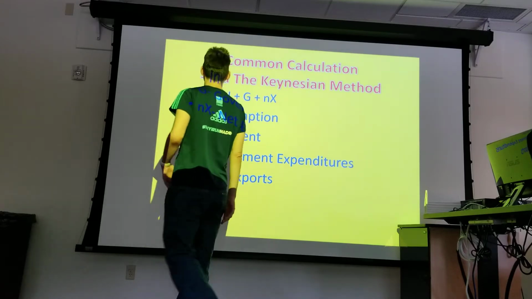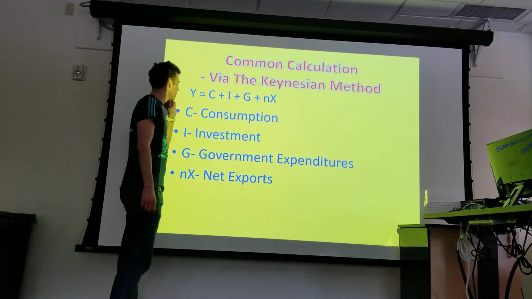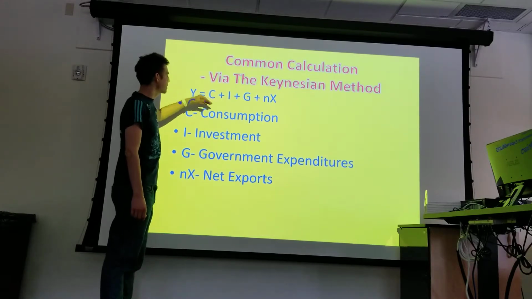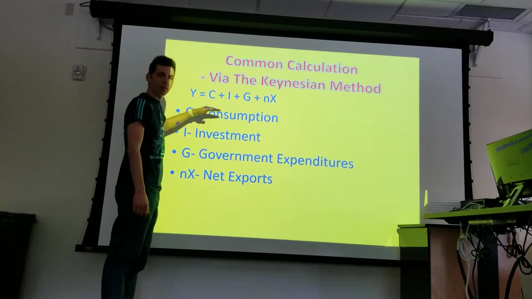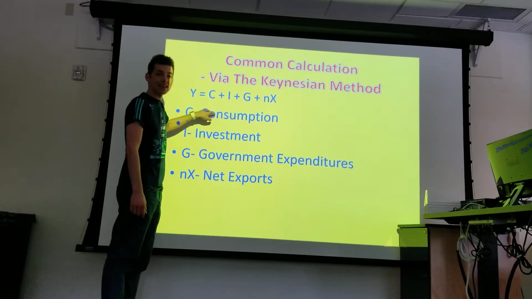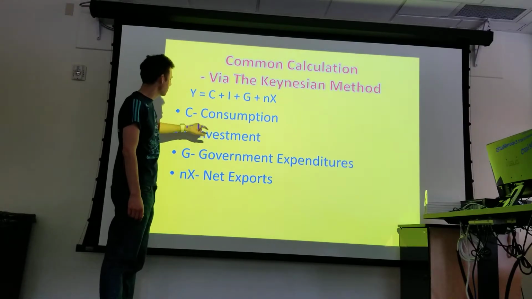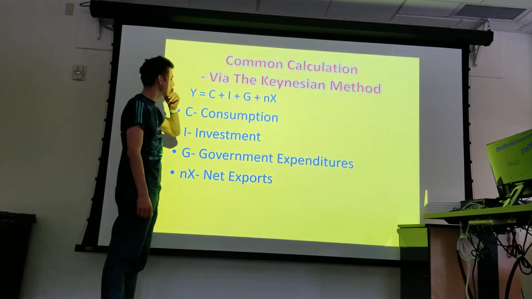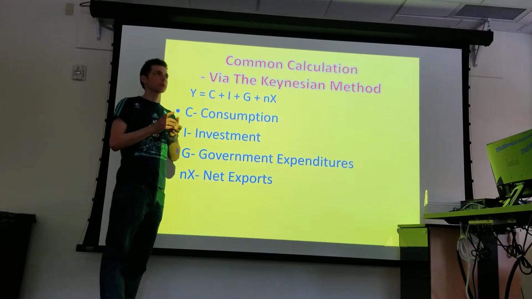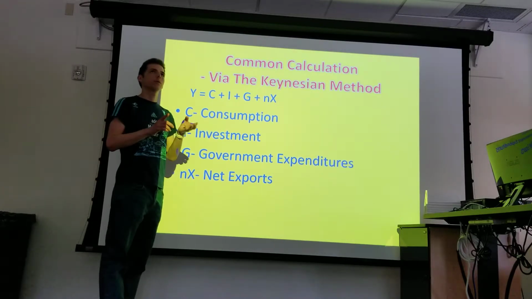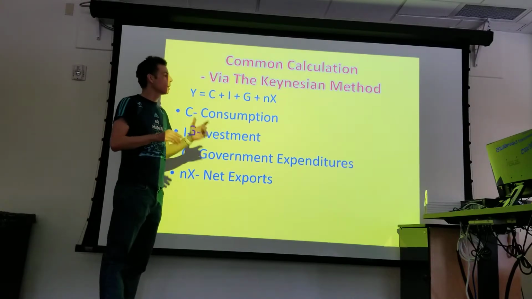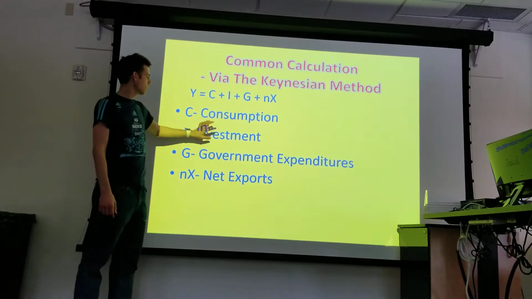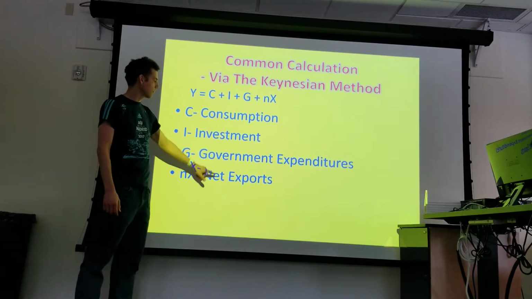So in general, in our Keynesian economics, which we'll get into in a few weeks, consumption is very heavily focused on, that's demand. So that's about 70% of the economy. Investment maybe 10, government's like 25 or 30. So 70, 80, 110, 100, right?